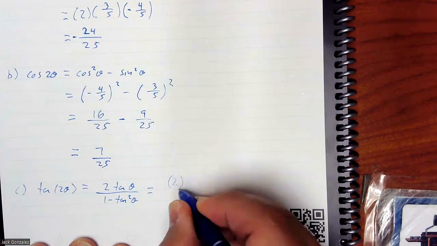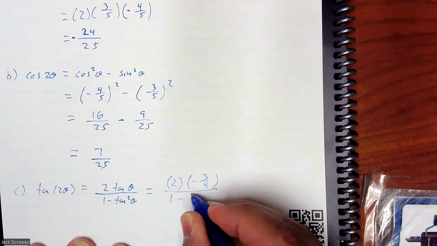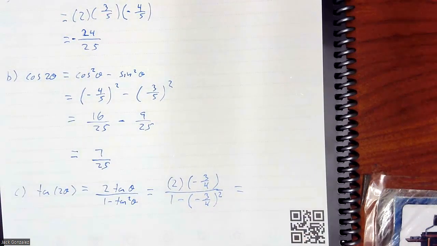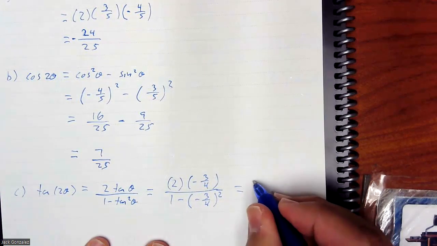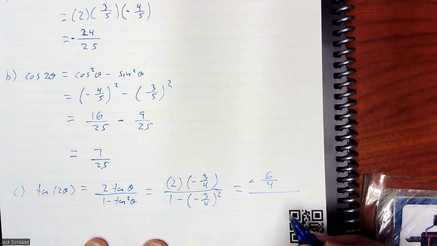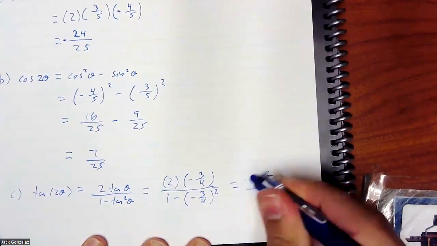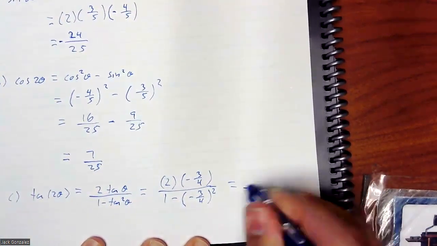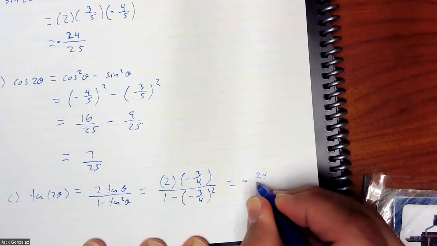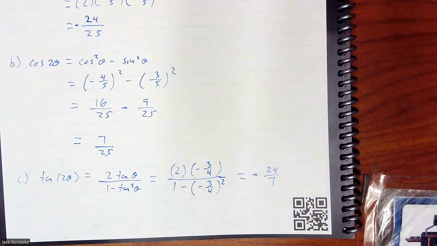So this will be 2 times -3/4 over 1 minus -3/4 squared. This will become -6/4 over. Well, you know what? I don't have enough space to do that calculation. You want to see the work on the board.